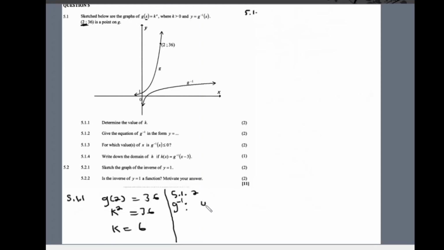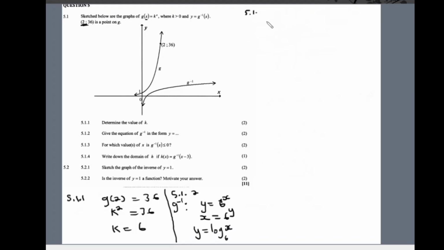So the g, we know is y equals to 6 to the power x, and then now to get the inverse function, you swap x and y. Where you see y, you put x, and where you see x, you put y. And then now you solve for y. You'll have y is equals to log base 6 of x. This will be your inverse function.